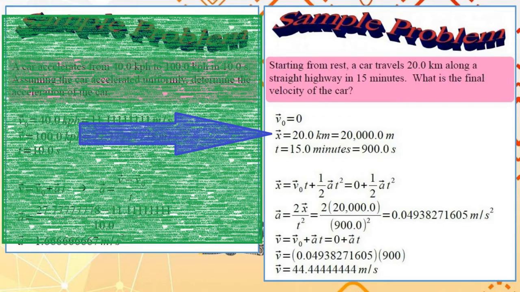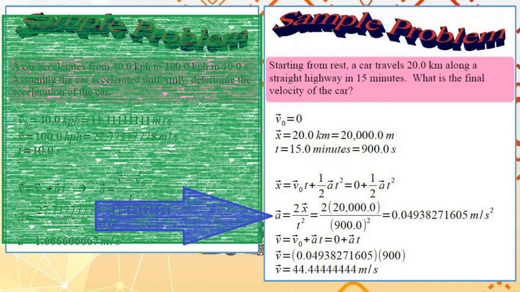So that means there is acceleration. The question now is, is the car undergoing uniform acceleration or is it undergoing non-uniform acceleration? For non-uniform acceleration, the problem typically gives you an equation or graph that describes the motion of the object.